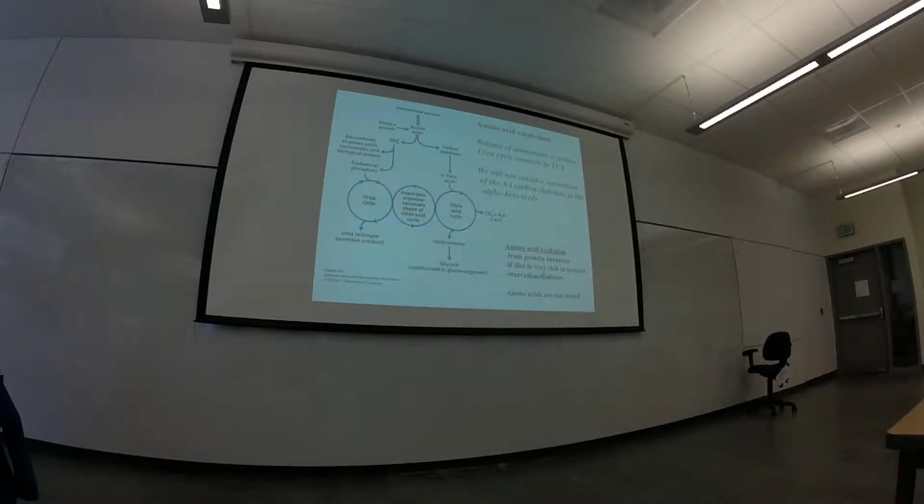The carbon skeleton of the amino acids, in one way or another, and sometimes it takes 6 steps or something like that, eventually gets to an alpha keto acid, and usually that will be one of the metabolites directly in the citric acid cycle, like alpha ketoglutarate, oxaloacetate. So we are thinking about this removal of the nitrogen through the urea cycle and then the connection to the citric acid cycle that way.